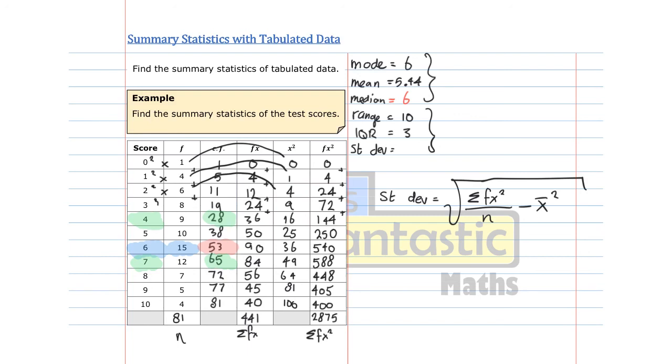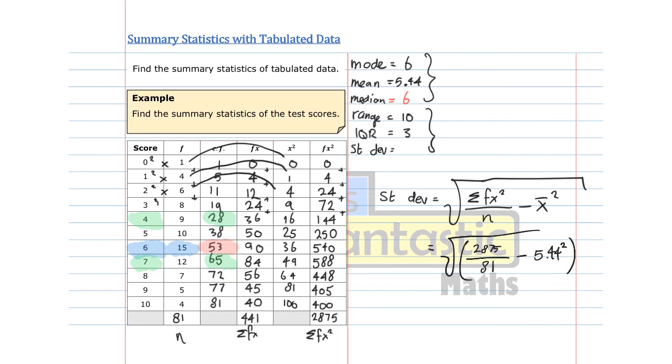The other two numbers we already know. We know what n is, it's 81. And we also know what the mean of x is, because we calculated up here, 5.44. So the calculation itself is fairly simple. It is 2,875 divided by n, which is 81, minus the mean, 5.44, squared.